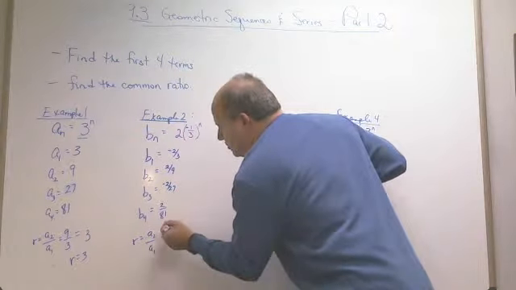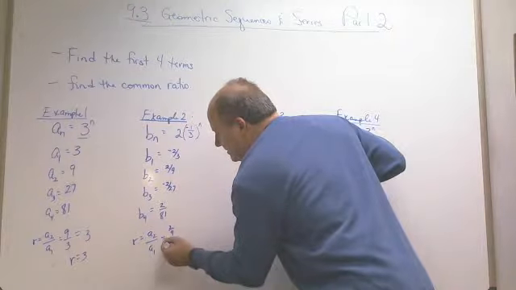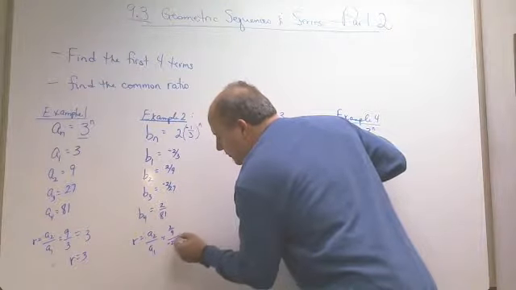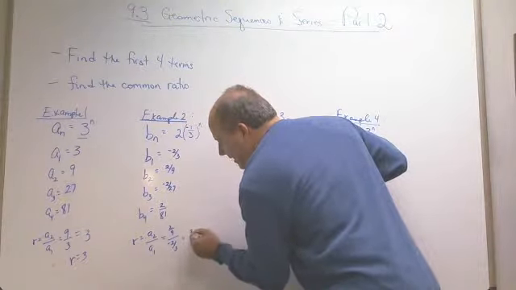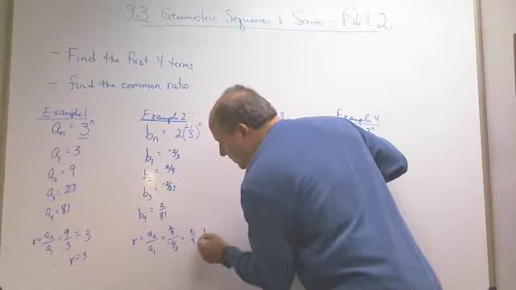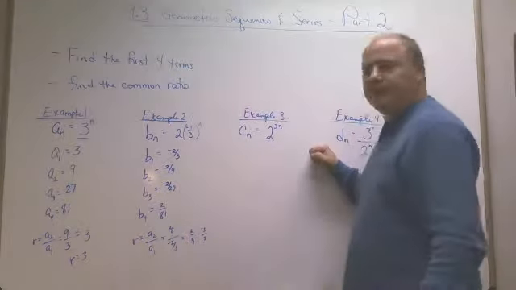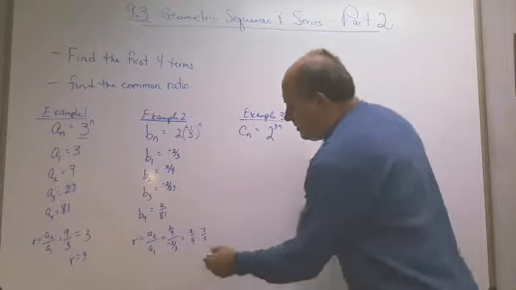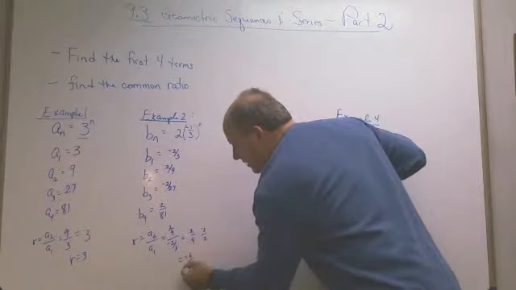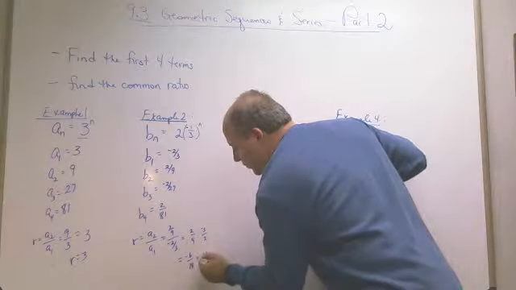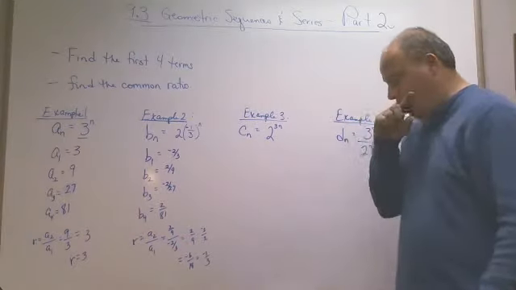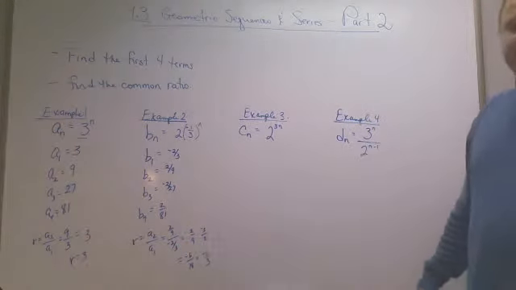The second term is 2/9, and the first term is negative 2/3. So if you invert and multiply, it's 2/9 times negative 3 over 2. Take the reciprocal and multiply. That becomes negative 6 over 18, which reduces down to negative 1/3. So the common ratio is negative 1/3.